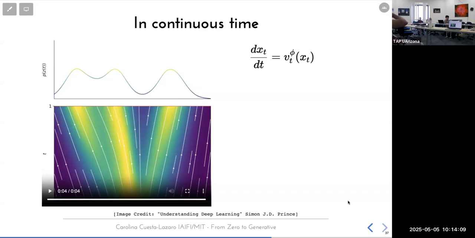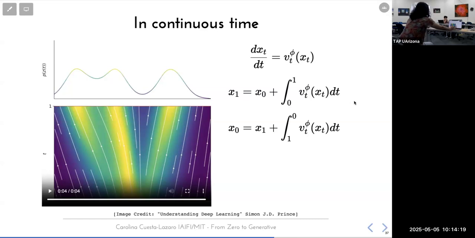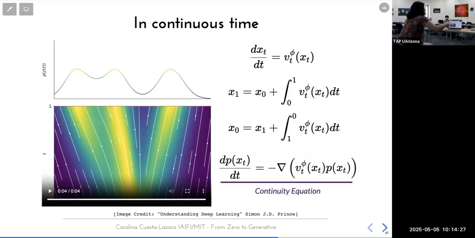This is a one-dimensional example. In this case, we have this ODE for sampling, right? So we learn a velocity field that allows us to sample, and it's invertible. I can go from 0 to 1 or from 1 to 0 by just inverting the sign here, right? In the integral. And I can compute P of x by solving this ODE as well. Now, this is very, very slow.